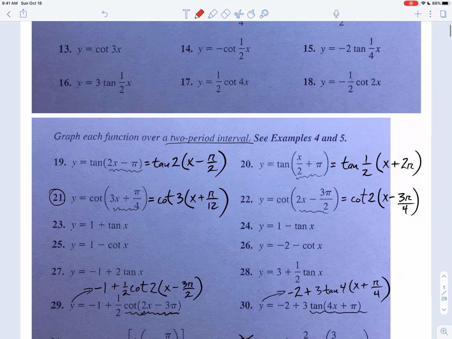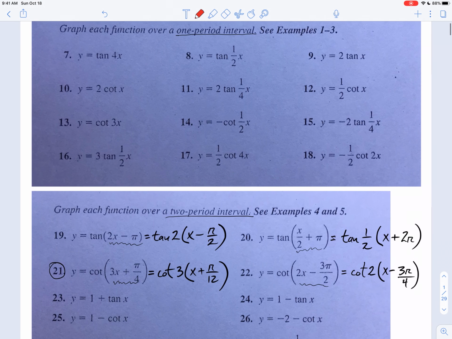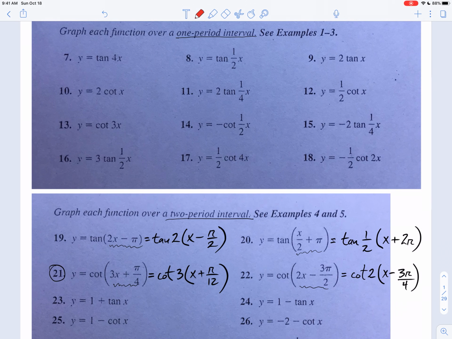However, I did every single one of these. I personally did every single one of these problems. I want you guys, like I said, this is page 166. I want you guys to do the odds, but really, this is our last big hurrah. This is our last graphing thing.